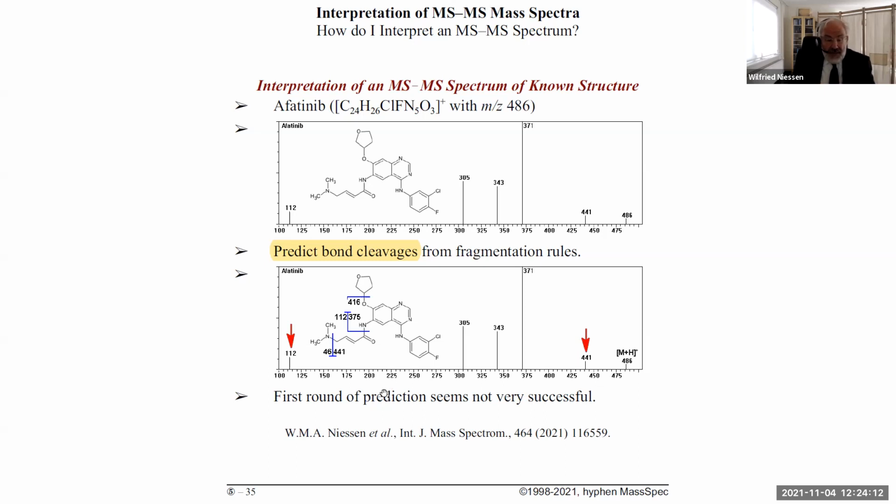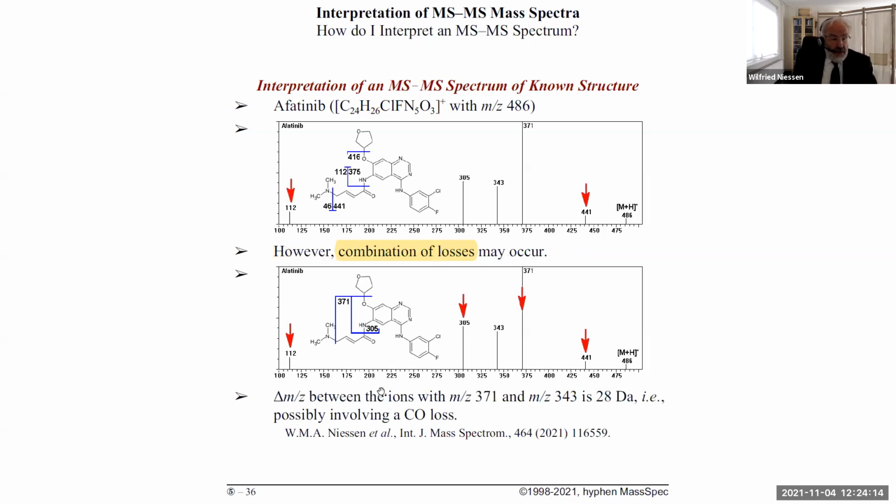So it seems not to be very successful. But then I realized, of course, in addition to what I just said, I could also have combination of losses. So I could, for instance, have the loss of the dimethylamine in combination with the loss of the 5-membered ring, or the cleavage of the amide bond in combination with the 5-membered ring.